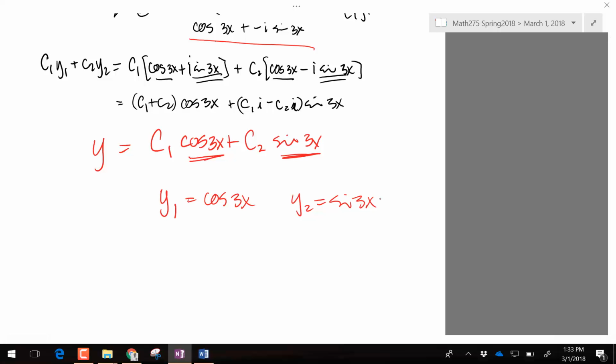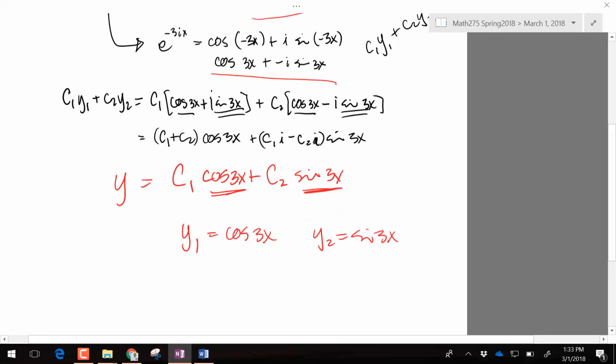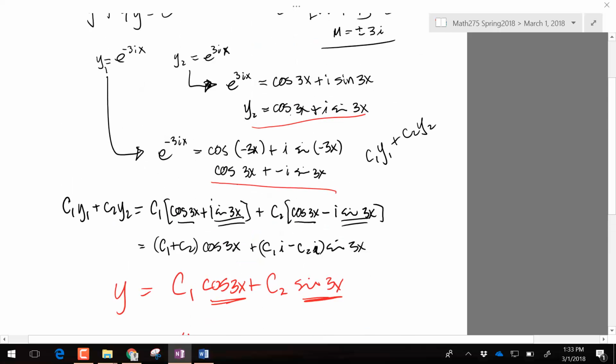The original Y1 and Y2, these two functions here, are not linearly independent, because you can try to write one as a multiple of the other. Can you?